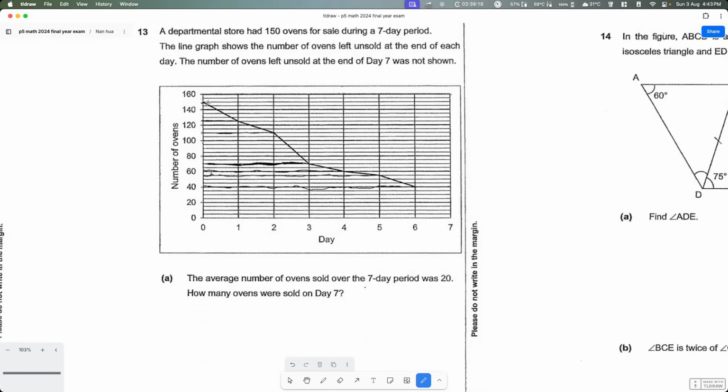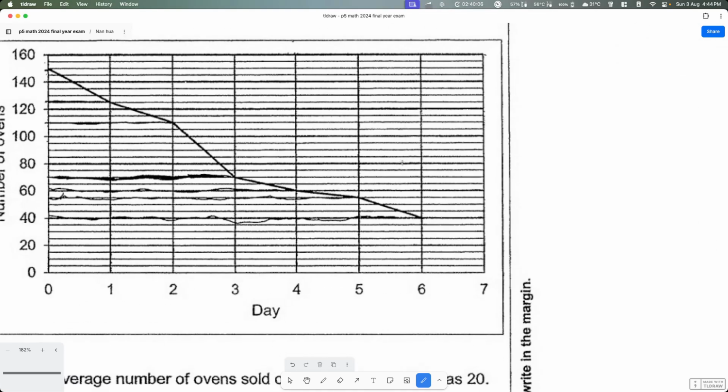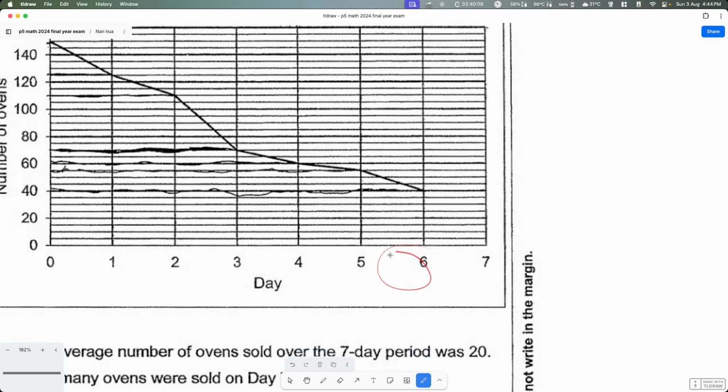Okay, so we know there's 150 ovens for sale during the 7-day period. Basically, we need to work out how many ovens were sold. First we need to know how many ovens are left at day 6.